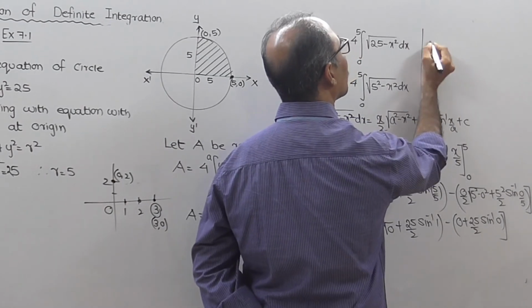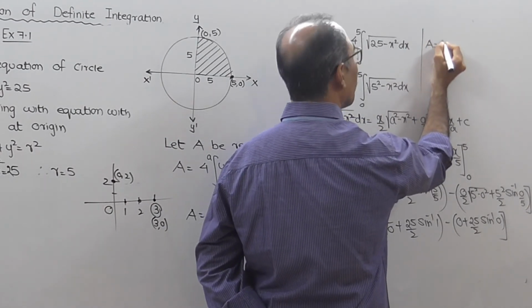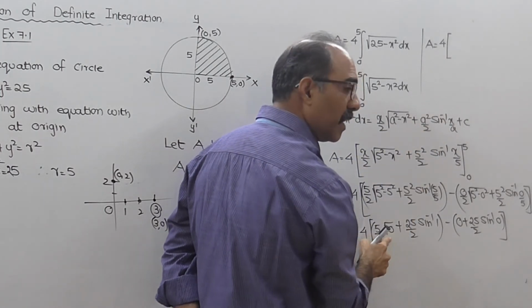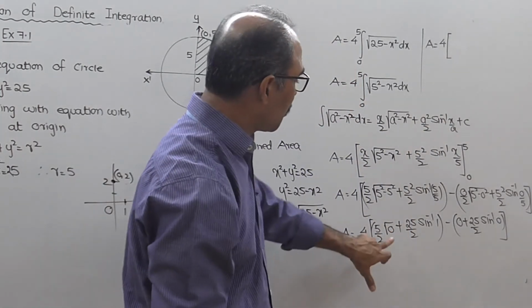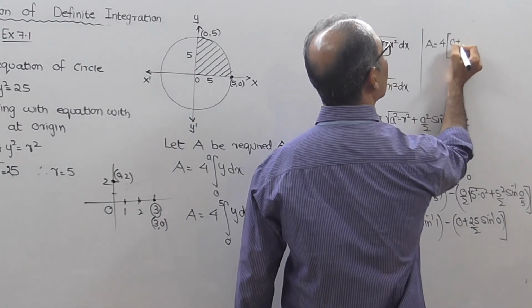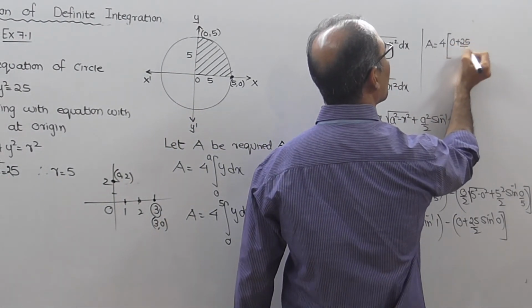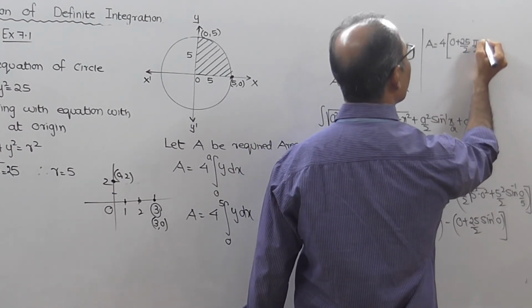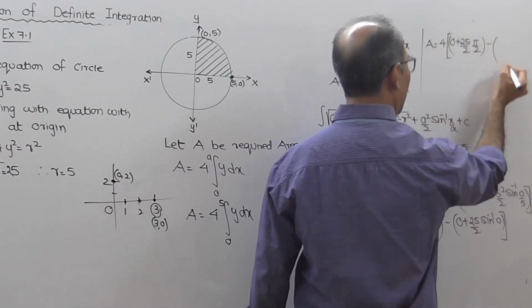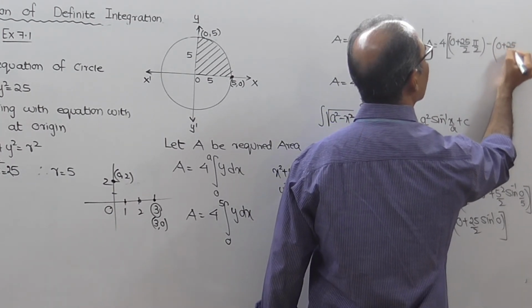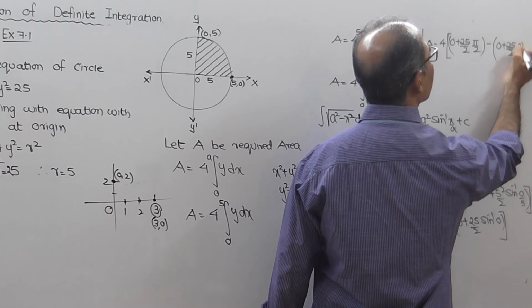So I get my area as 4 inside the bracket, 5 by 2 into what is the root of 0? 0. 0 into 5 by 2 is 0, plus 25 by 2 sine inverse of 1 is nothing but pi by 2 in a bracket, minus 0 plus 25 by 2 sine inverse of 0 is 0.